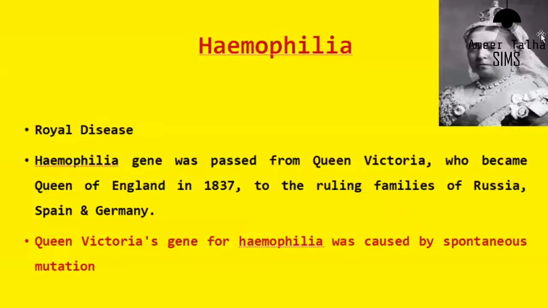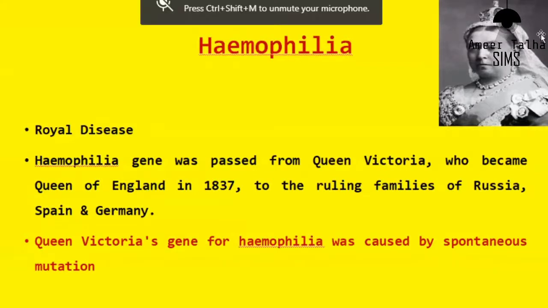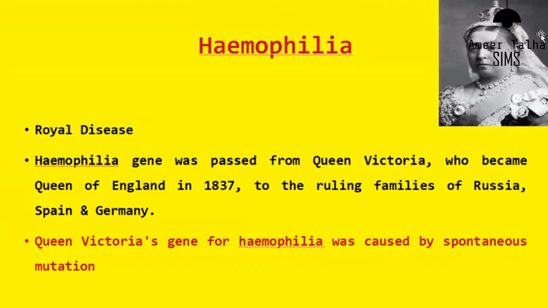This is not a disorder of platelets. Hemophilia is a disorder of clotting factor, especially clotting factor 8 and clotting factor 9. It is also known as royal disease since it was first discovered in Queen Victoria's blood sample.